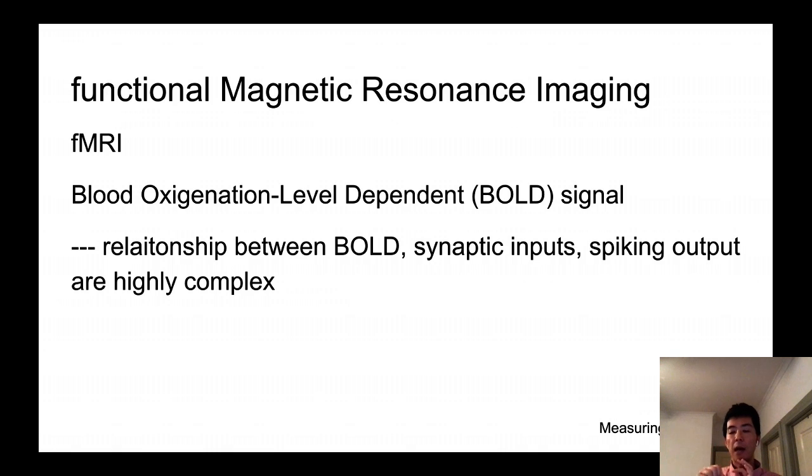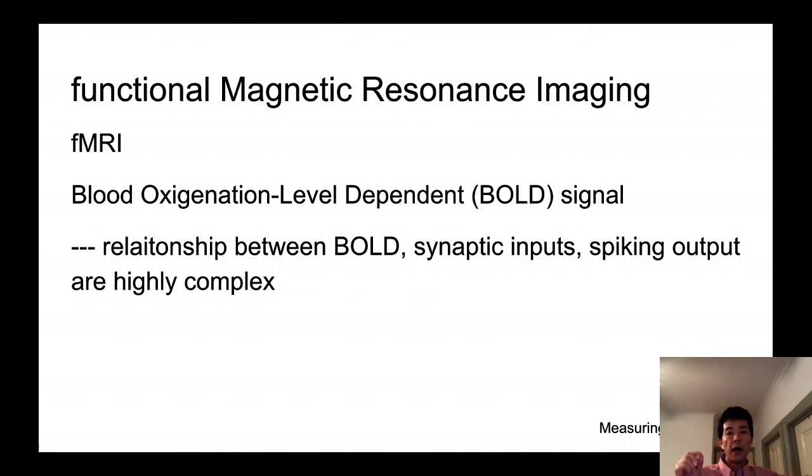As a result, the local concentration of CO2 versus O2, oxygenated versus deoxygenated hemoglobin, changes, and we can visualize this by some ingenious technique and concept of BOLD imaging.